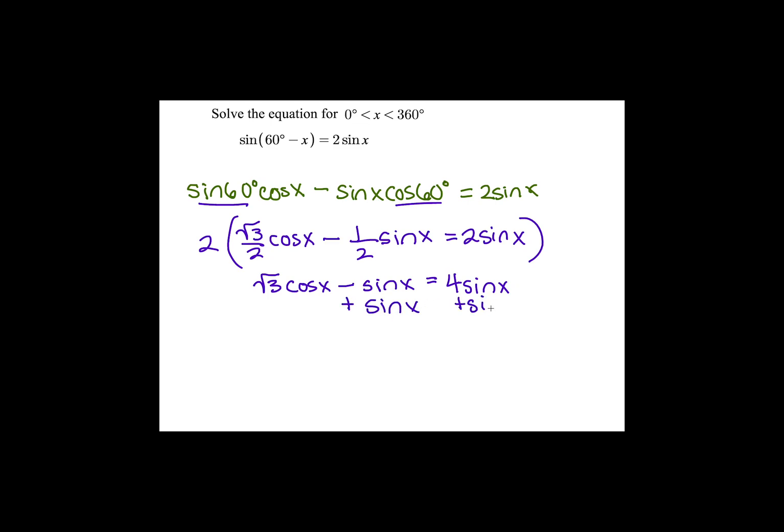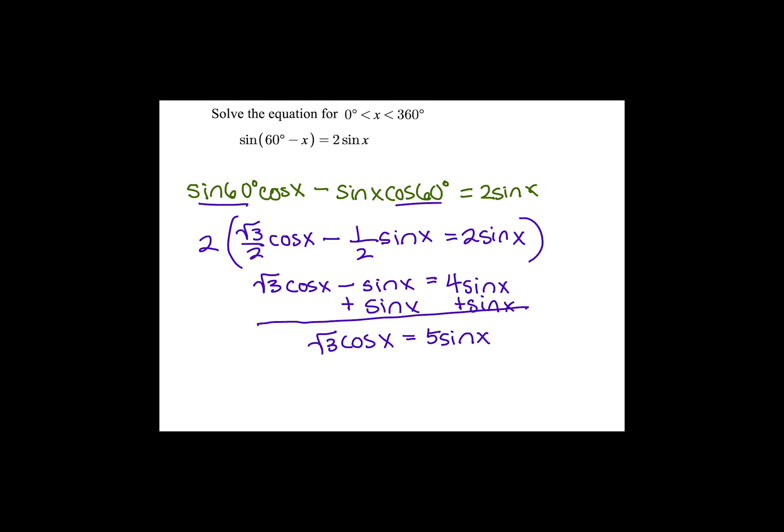I'll add this sine of x to the other side, so I have my cosines together and my sines together. 4 sine x plus sine x gives me 5 sine of x. Now, there's no substitution I can do that will make cosine of x or sine of x become the same term.